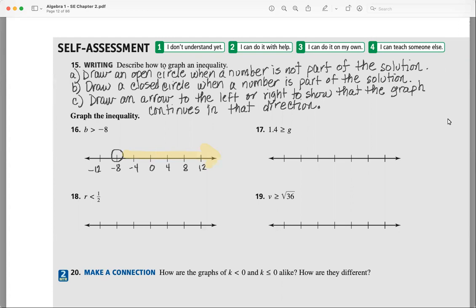Number 17. 1.4 greater than or equal to G, or reading it from the variable to the number, G is less than or equal to 1.4. So I'm going to write that so you don't forget.